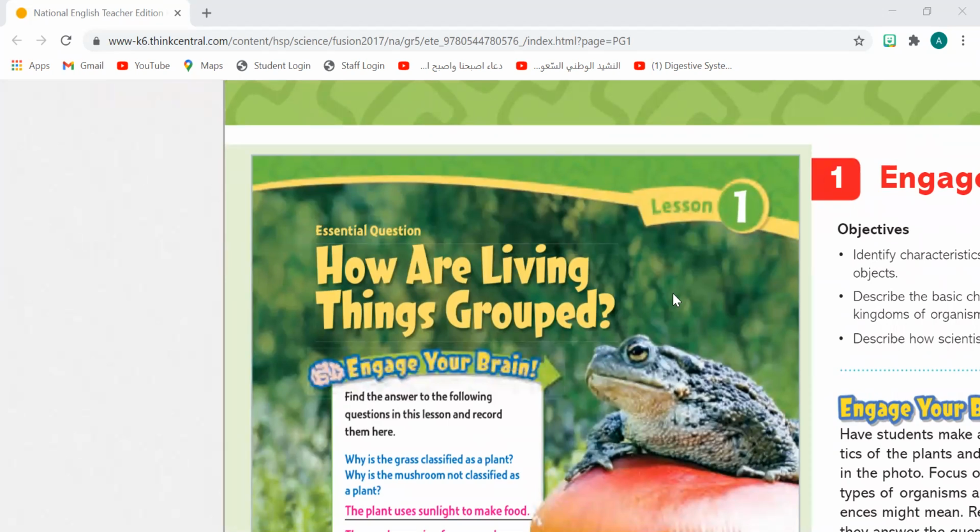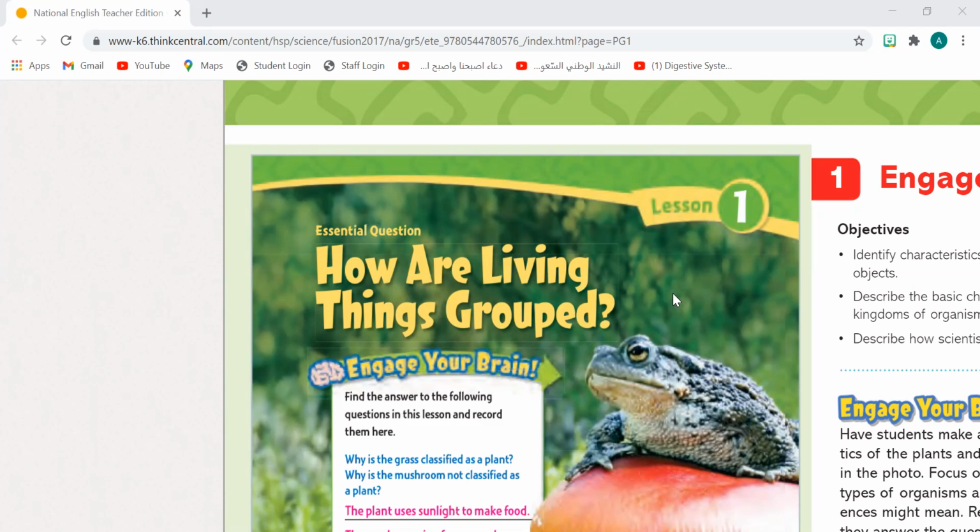Now look at this mushroom. Does it have chloroplast? What is the color of the chloroplast? Yes, excellent. It's always green. Whenever you see green, you know that this is a chloroplast.